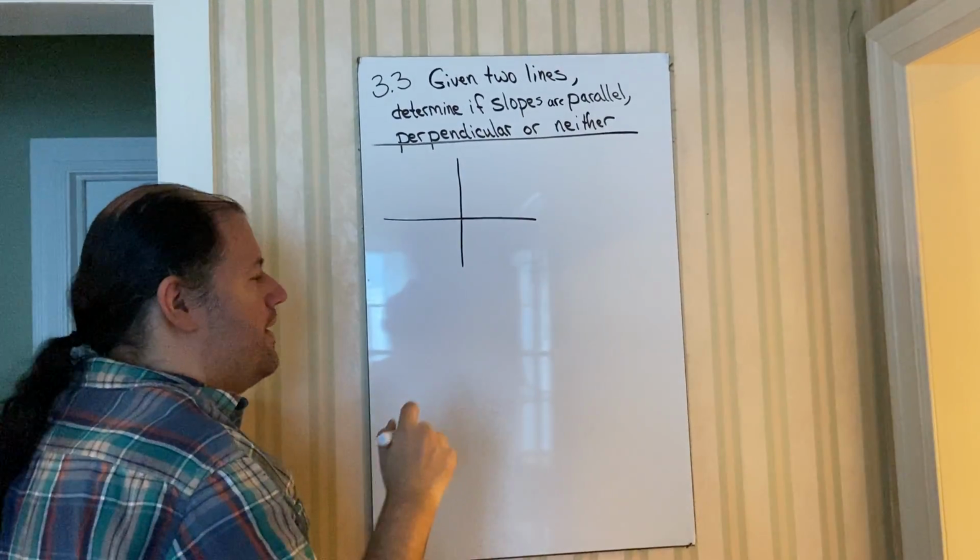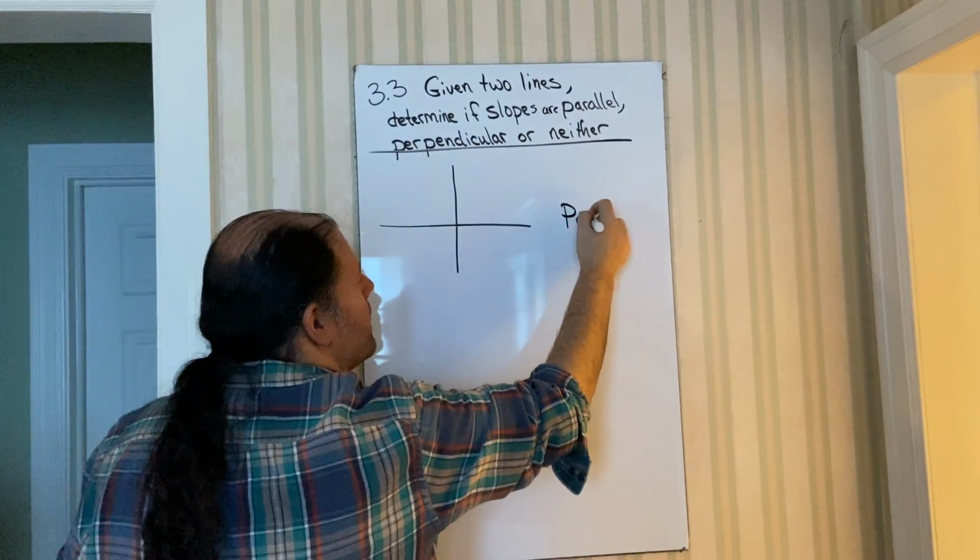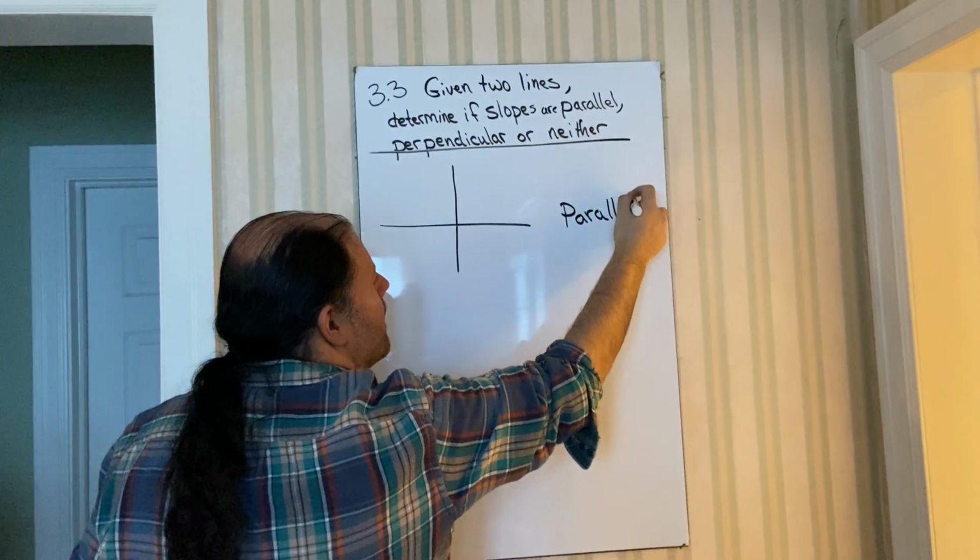Let's start with parallel lines. Now, parallel lines are two lines that will never intersect.